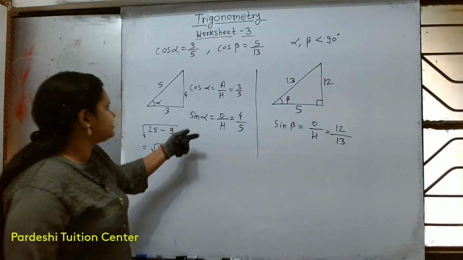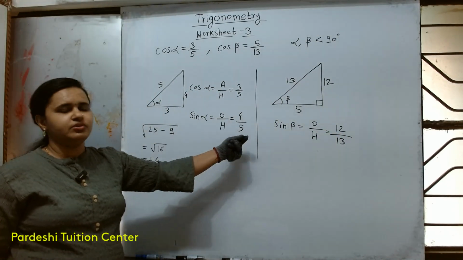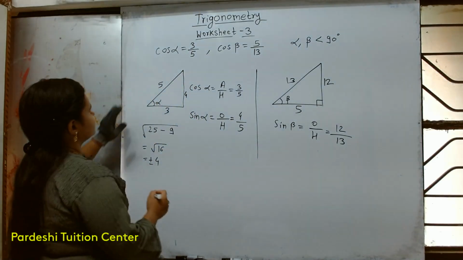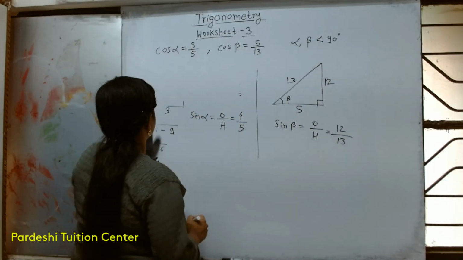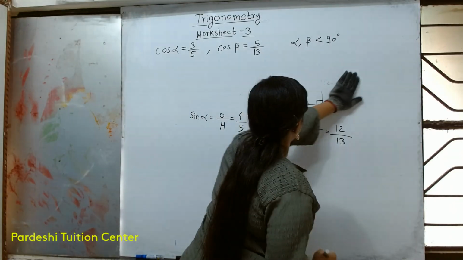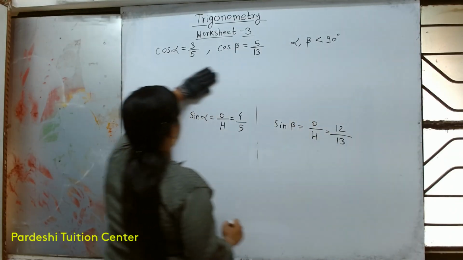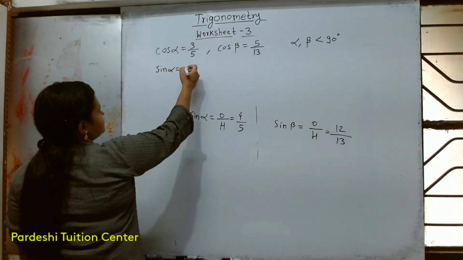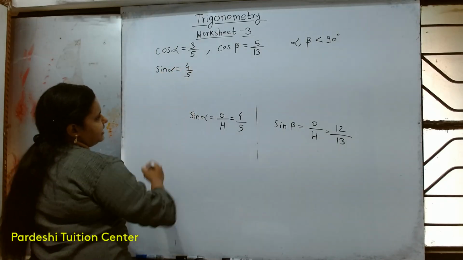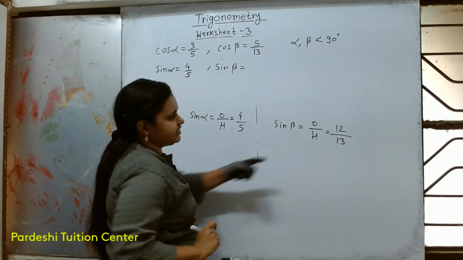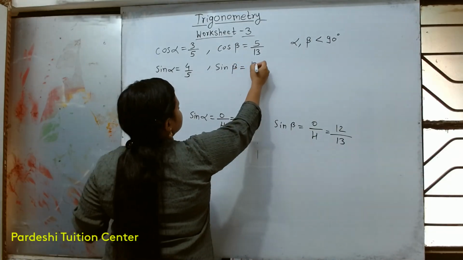So, we have got sin alpha as 4 by 5 and sin beta we got 12 by 13. I write the values. Sin alpha we have got as 4 by 5 and sin beta we have calculated as 12 by 13.